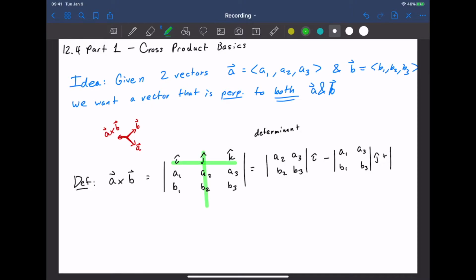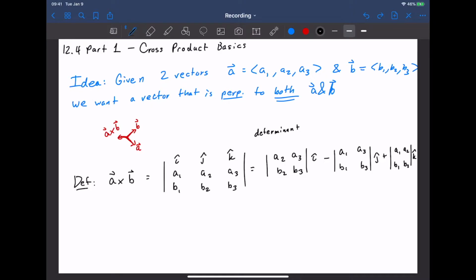I hope you can see that. Plus A1, A2, and I'm squeezing things in, I'm sorry, B1, B2 in the K component, which would look like that. And that's how we would define the cross product.